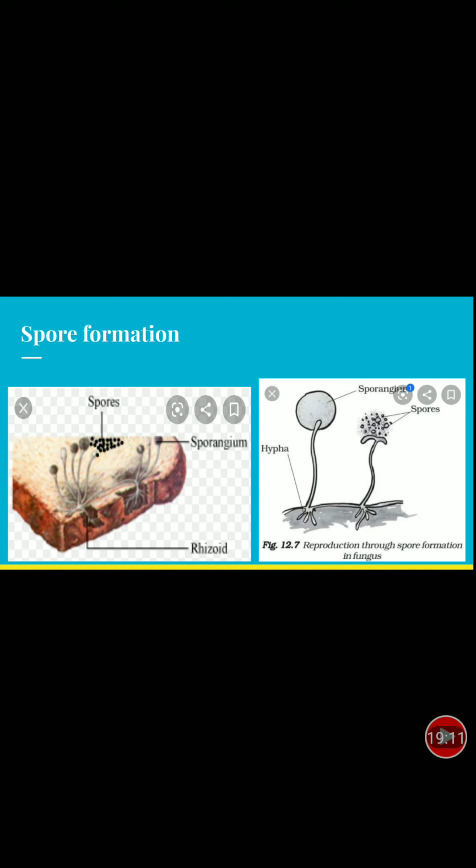You have to cut these spore forming bodies and see them under the microscope. This plant, in the reader, figure 12.8 in the NCERT book, is a fern, not Spirogyra.